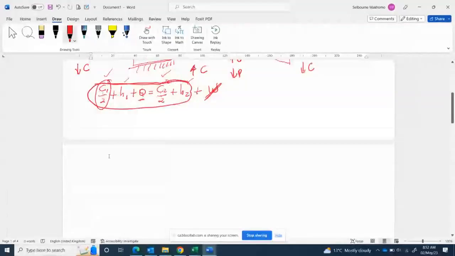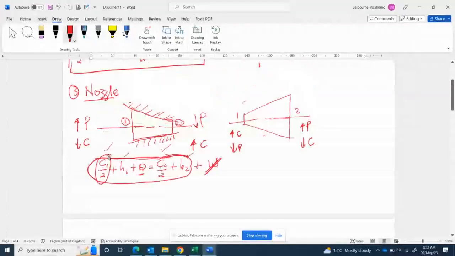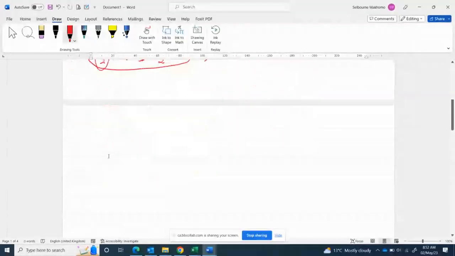Now, after the nozzle, we have what we call the mixing chambers.